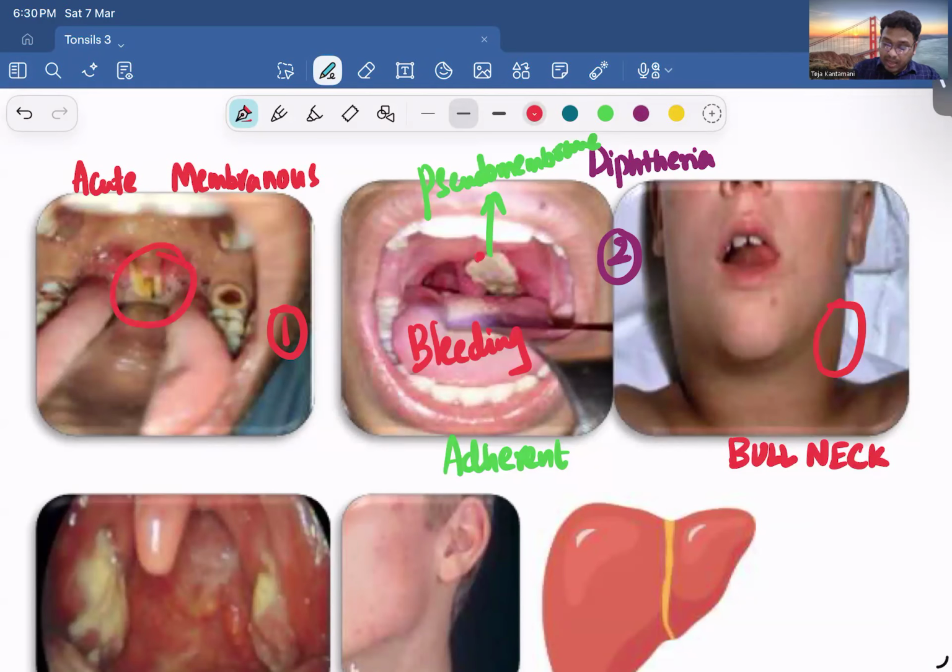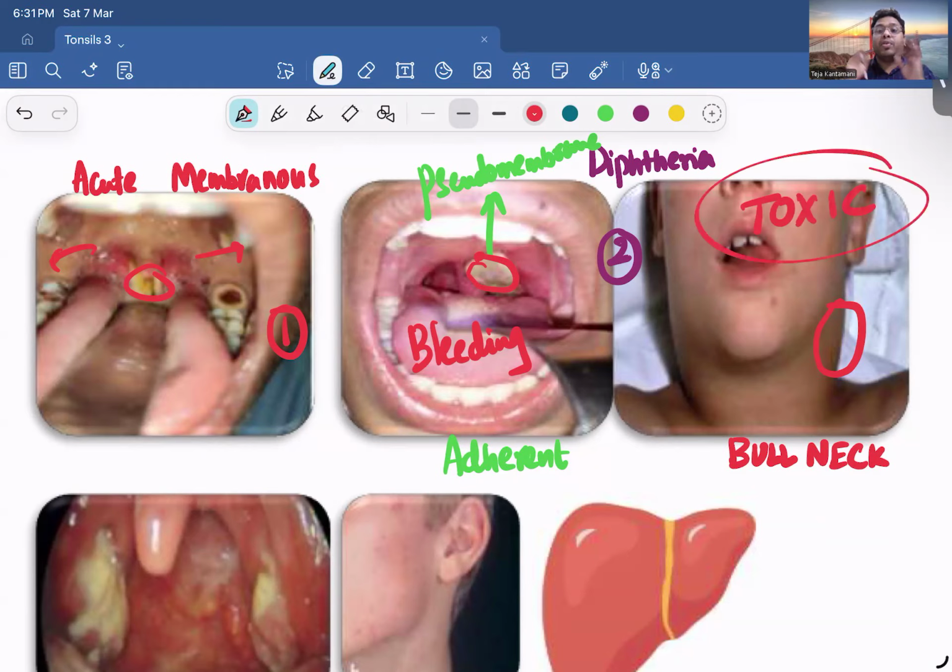You can see here it is soft palate free, only limited to the tonsils. Here it is extending onto the uvula, soft palate, everywhere. So one more difference between acute membranous and diphtheria is that acute membranous is confined, diphtheria is extensive. Overall, the child will be toxic.